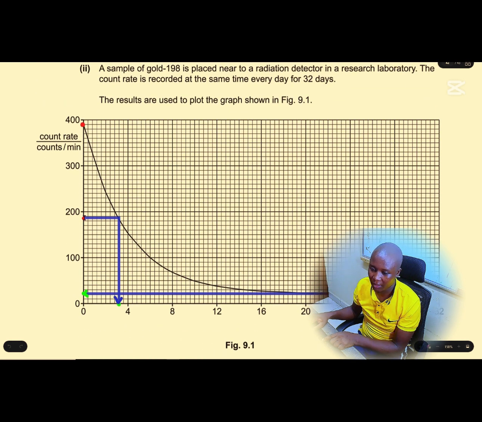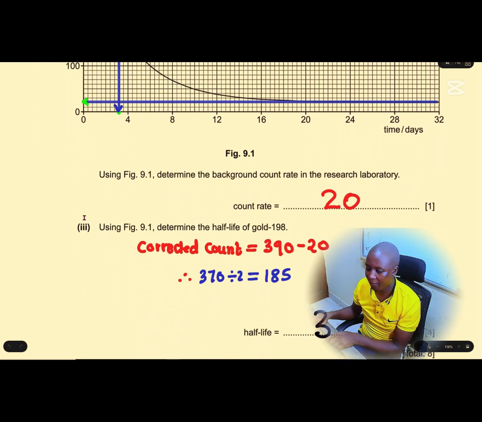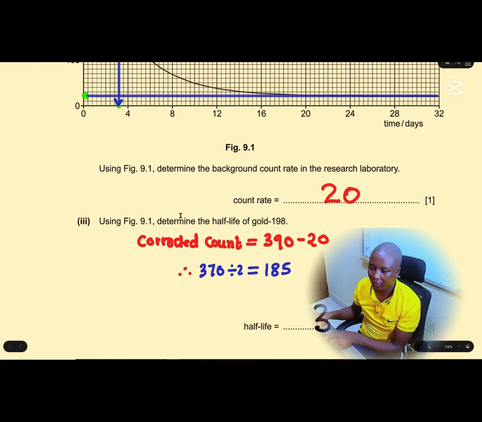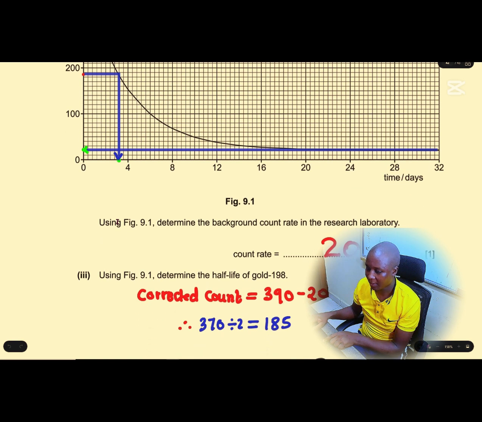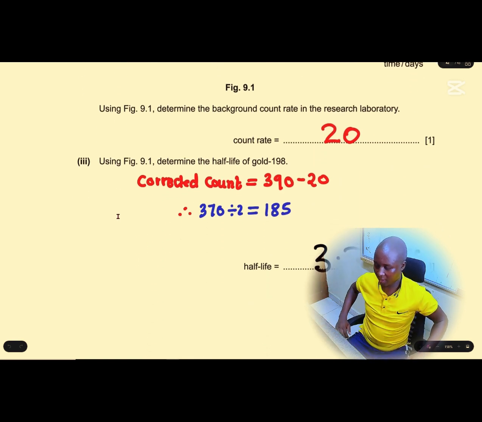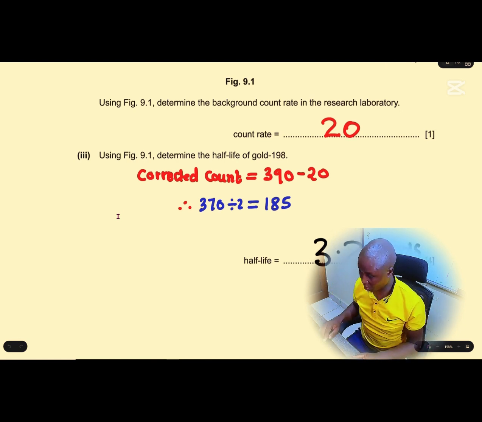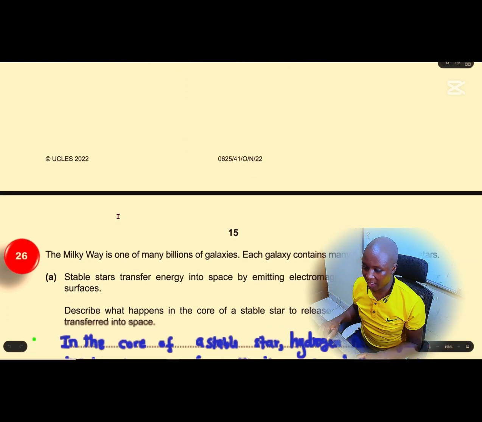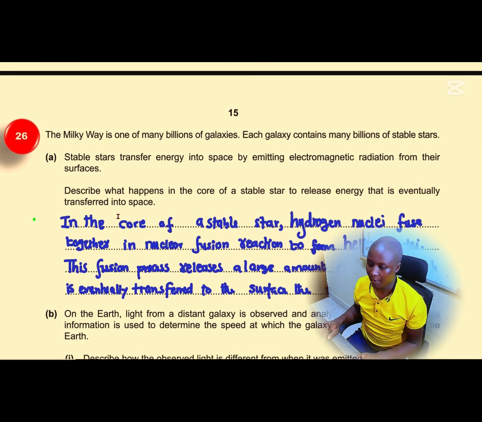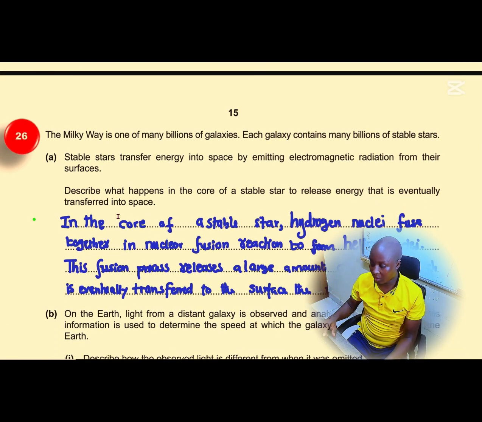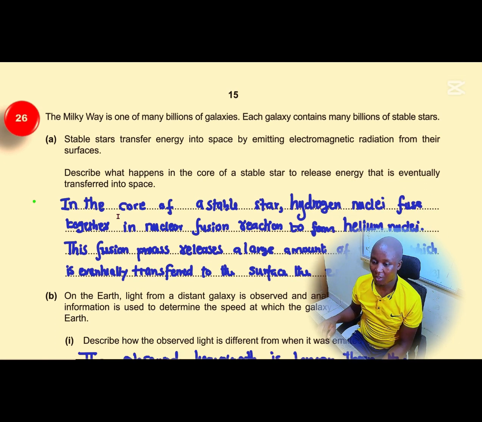Then you check where we have 185. 185 is at this point. Then you read the value down here, which is approximately 3.2 days. So in the event you are asked a question to do with radioactivity, this is how you approach some of the questions.